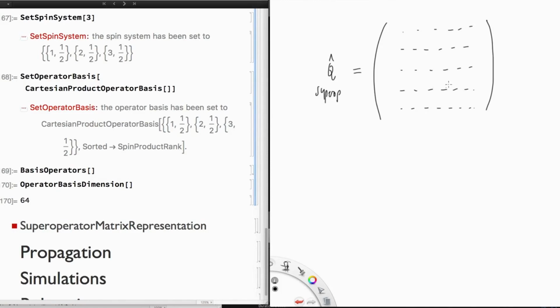And how does that matrix representation work? In Liouville space we have the kets, which are the sets of basis operators.